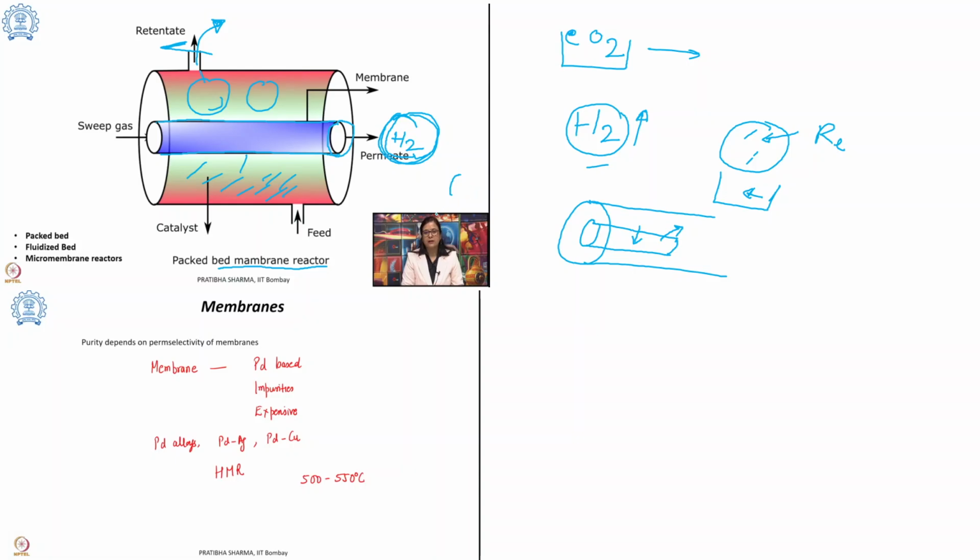In the power plant case, suppose this is a boiler, all the arrangement is here. In the fluidized bed, suppose coal is used as for the packed bed.